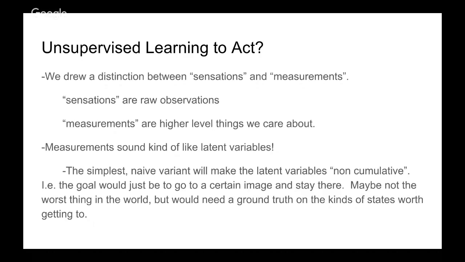So maybe when you frame the objective function here, rather than making it the dot product of a goal vector with the measurements, maybe you make it a square loss or something, where the goal is to get to a particular measurement.